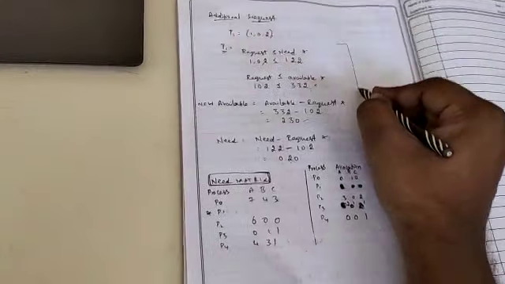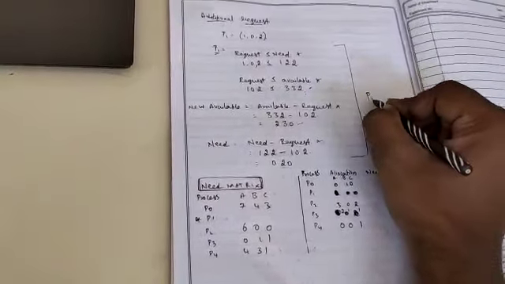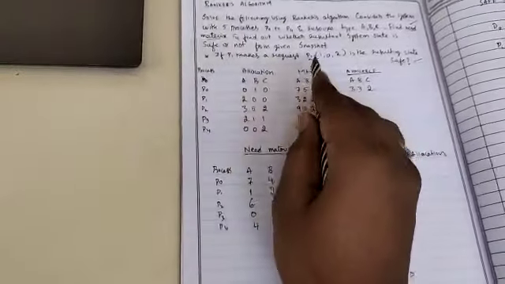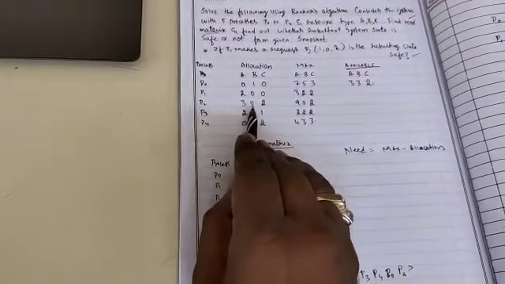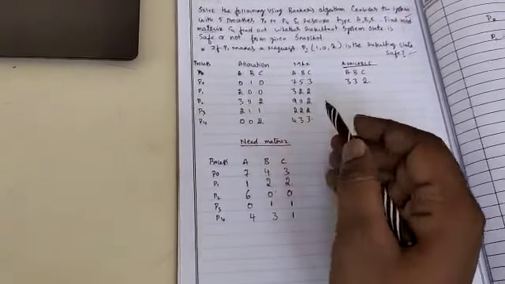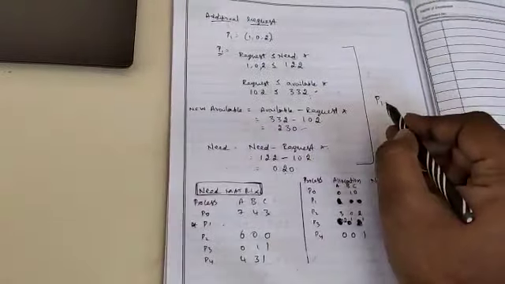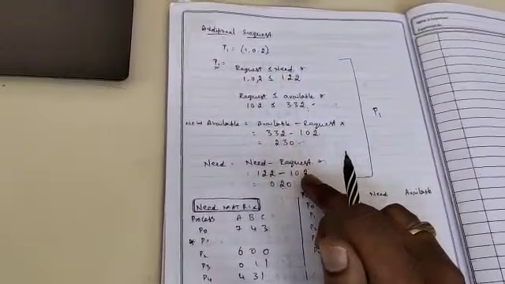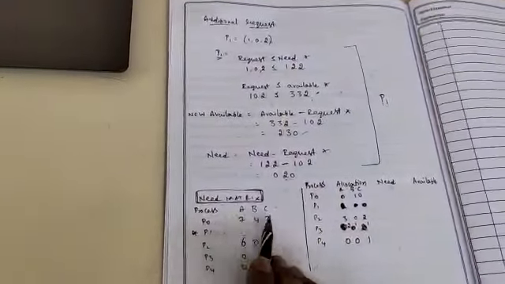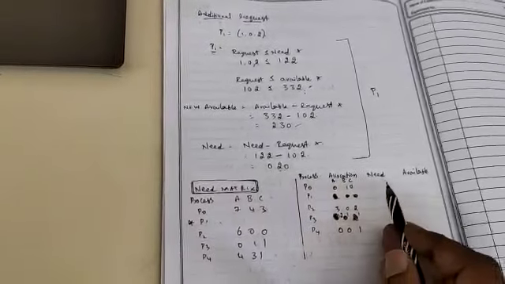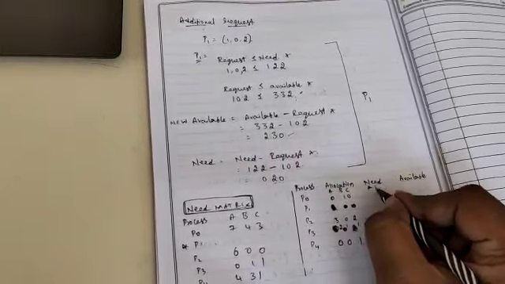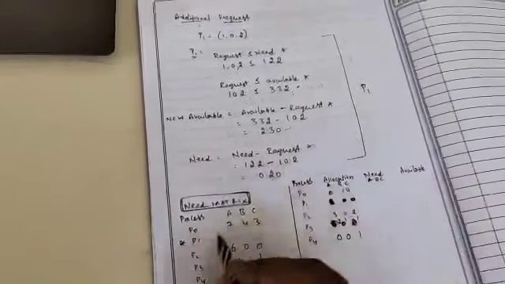If it were asking for the P2 process, we would take P2 and check with the P2 allocation and identify the need matrix for P2. But in this example it is asked for P1, so we have done it only for the P1 process. The remaining allocation and need all remain the same, and we only need to find the P1 request.